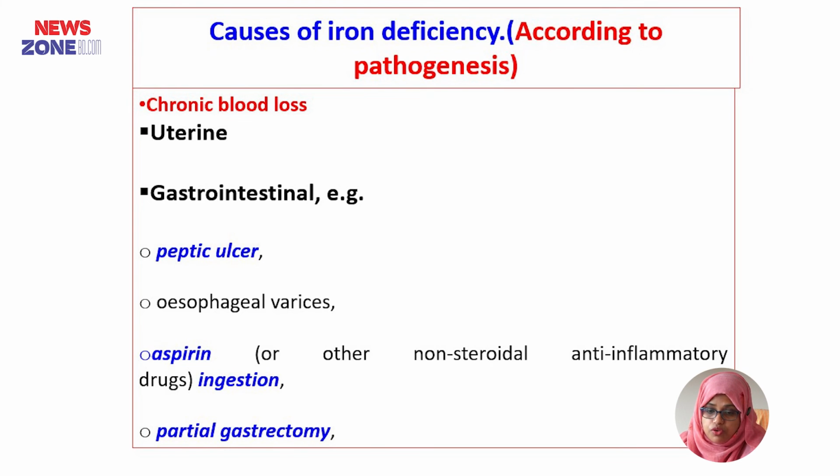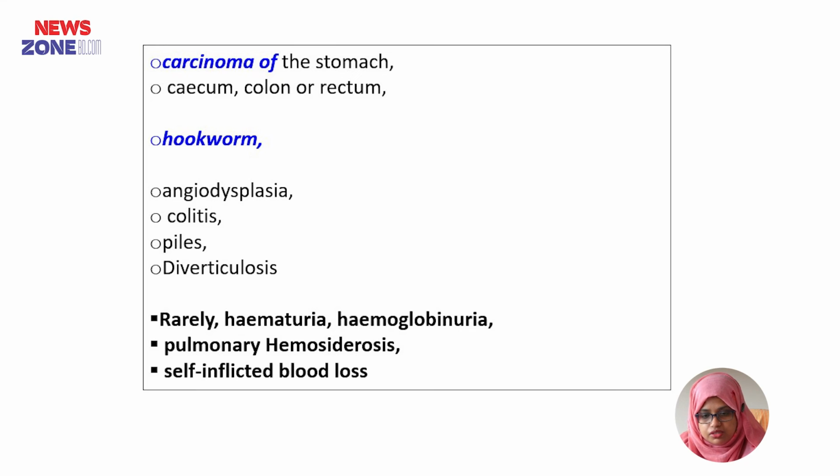What are the causes of chronic blood loss that produce iron deficiency anemia? Chronic blood losses include uterine blood loss, gastrointestinal blood loss, that means peptic ulcer, esophageal varices, drugs that include aspirin, partial gastrectomy, carcinoma of the stomach, carcinoma of the cecum, carcinoma of the colon or rectum, and in children there is hookworm infestation.